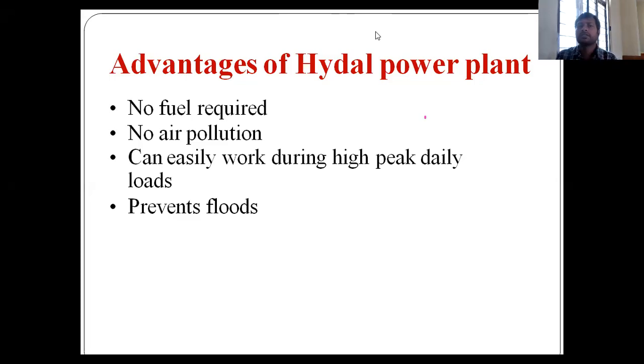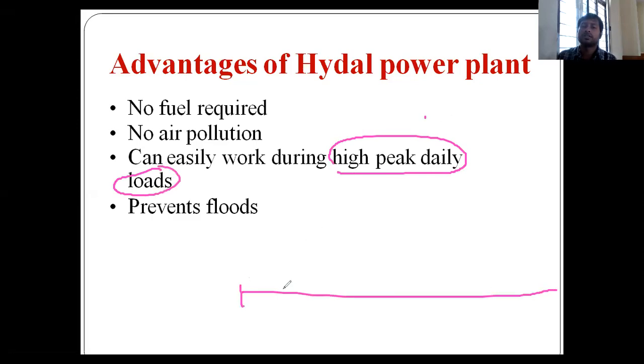This is nothing but the high peak daily loads. If you take a 24 hour duration, this is morning time, this is up to noon, this is up to evening, and this is night time.